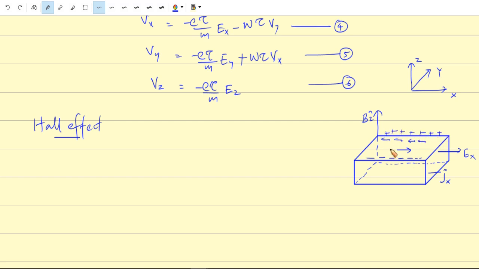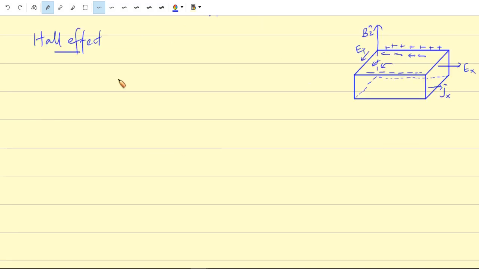So there is an electric field Ey along the negative y direction set up inside the conductor. This electric field is due to the Lorentz force due to this magnetic field. So the electric field set up in the y direction is Ey. This is the Hall field.